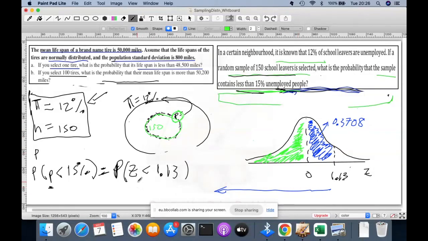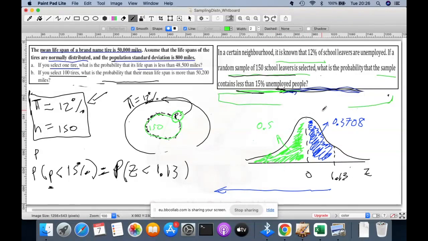Because we're not saying the area between 0 and 1.13. If it was that, then it would just be the blue area. We're saying the area on the left, or everything less than 1.13. So it's this green area. As we know, half the area on the left of 0 is 0.5. So that's the green area. And then this blue area is what you found in the table. So the final answer is both these areas added up.